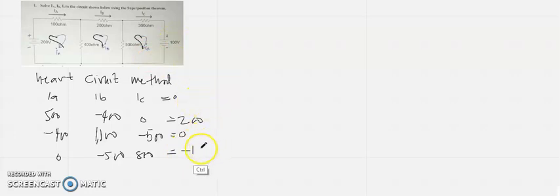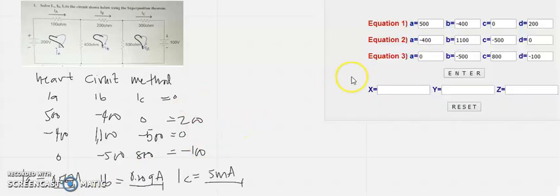And then using the calculator, I have it online. Using the calculator, we have three equations, three unknowns. Equation 1 is 500, negative 400, 0, and then 200. Equation 2 is negative 400, 1100, negative 500, 0.